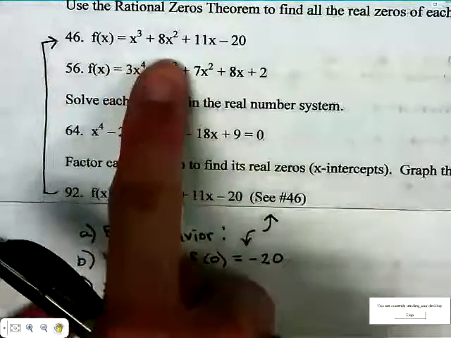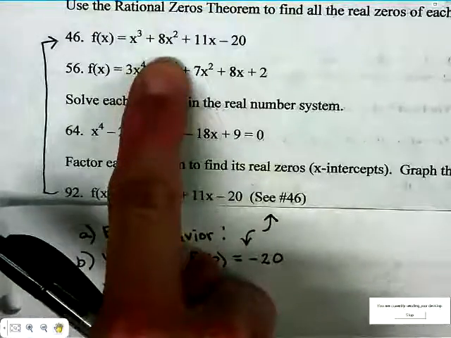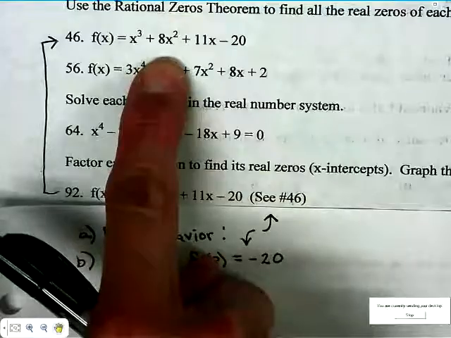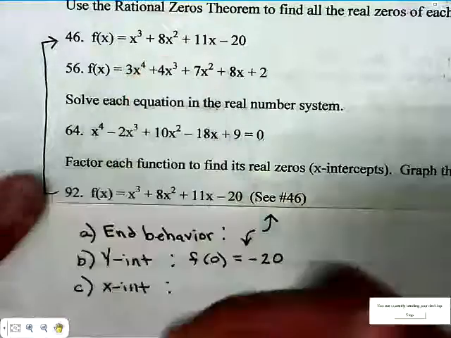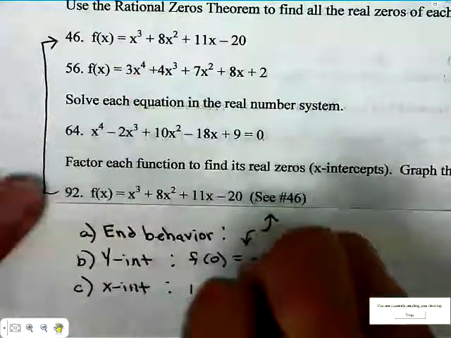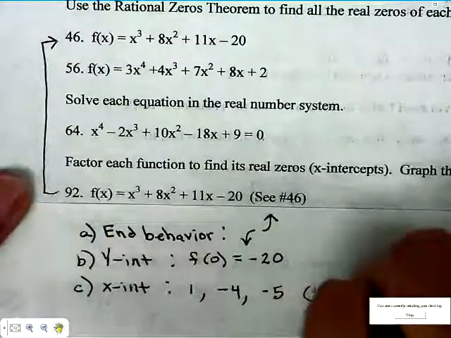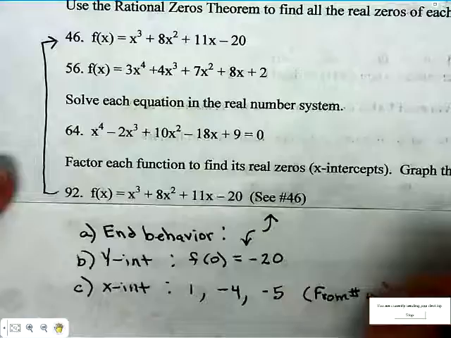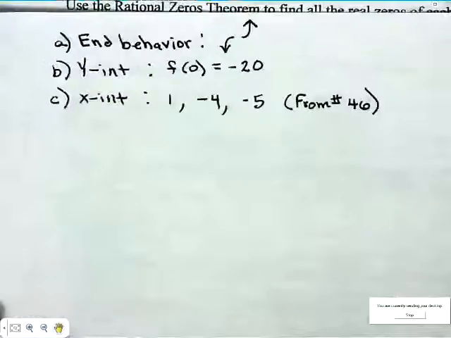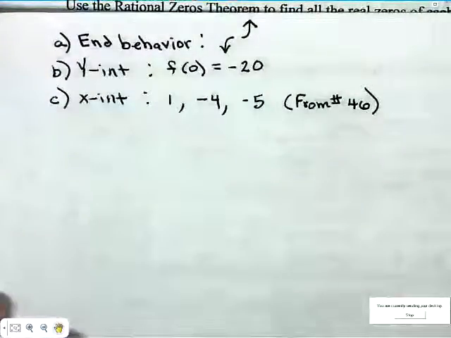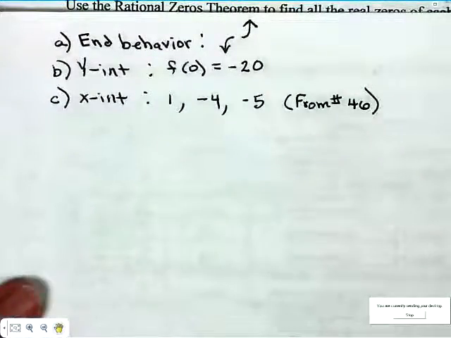What did we have listed as the real zeros for number 46? Yep, that's what I have. 1, -4, and -5. So now all we have to do is put that information on a graph.